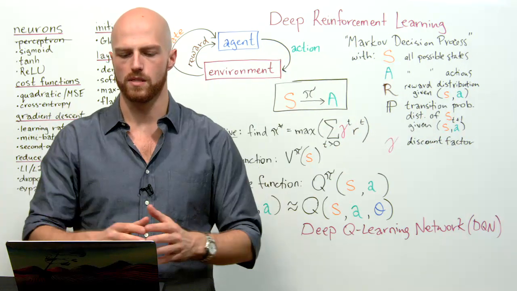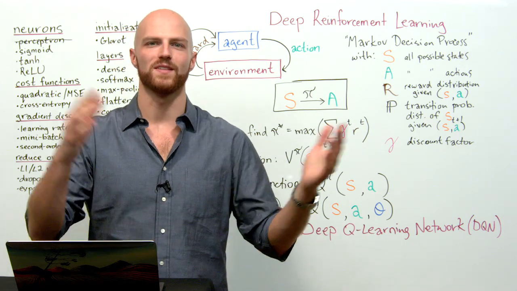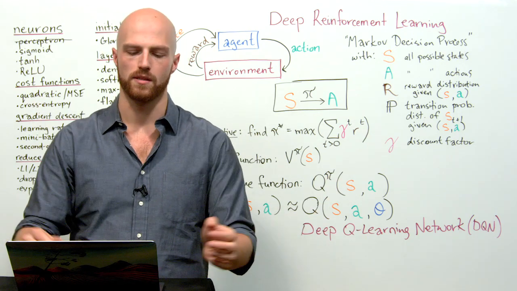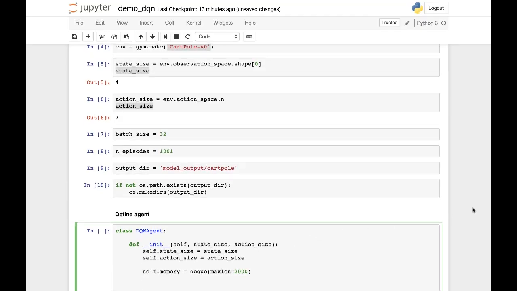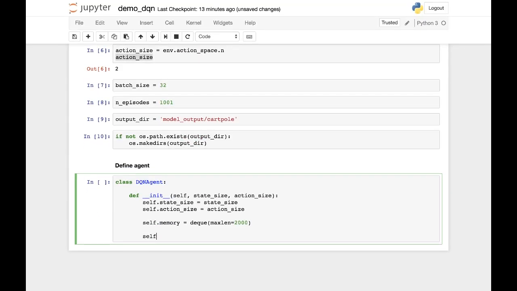So this is more efficient than just building an infinitely sized list, if we're only interested in the last 2,000 memories anyway. Now we have to define some hyperparameters. So gamma is the first one. So gamma is this discount factor. So this is how much to discount the future reward.